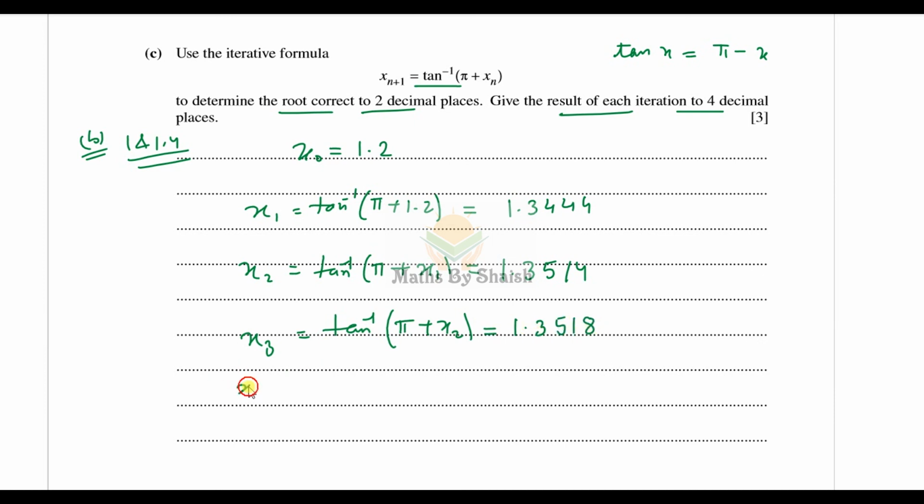We'll check one more, and then we can say from here that to 2 dp the answer is 1.35. We'll check one more time, and x4 is coming 1.3518, and it differs only after 4 dp, and hence the root correct to 2 dp is 1.35. So I hope it is clear and it was helpful.